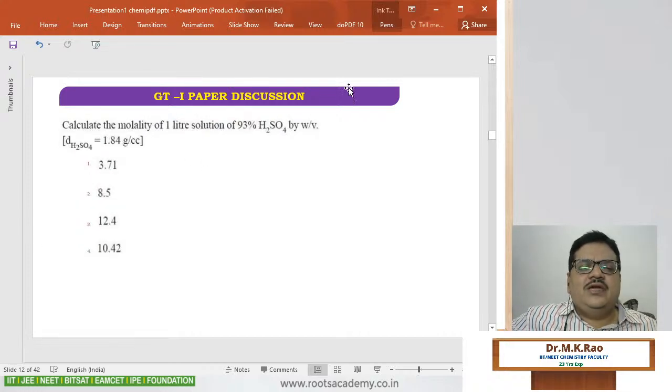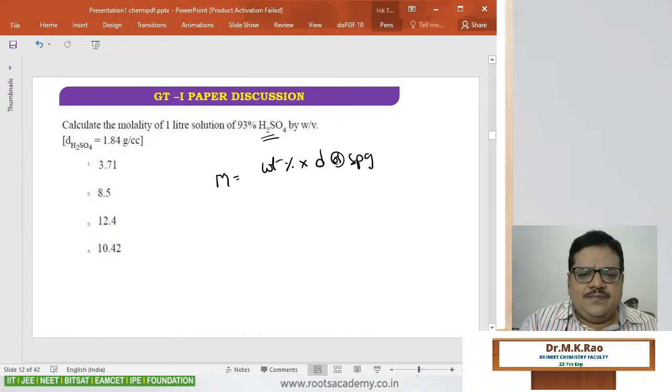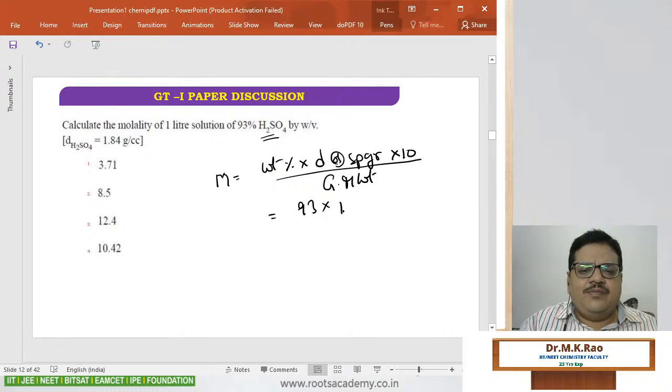Next, question number 130. Calculate the molarity of the solution of 93% H2SO4 by weight by volume. There is a formula. Molarity is equal to weight percentage into density or specific gravity into 10, whole by gram molecular weight. So weight percentage 93 into density 1.84 into 10 by 98.